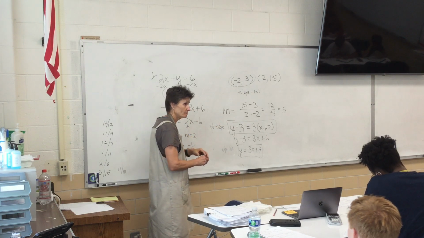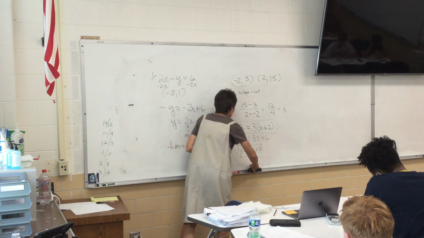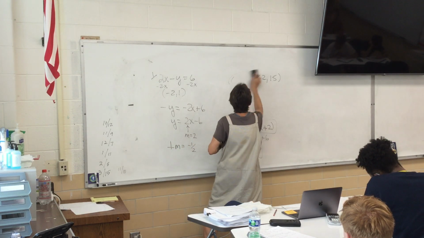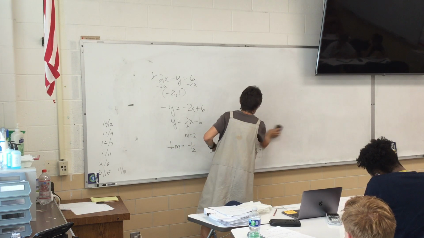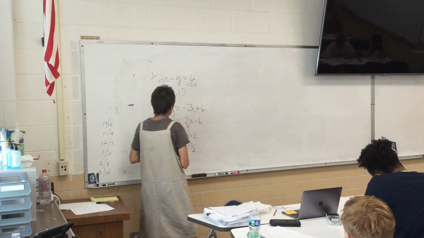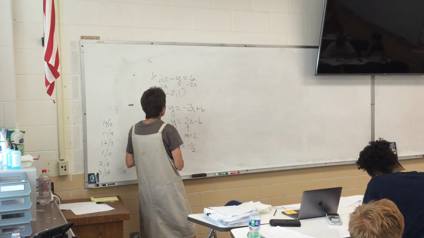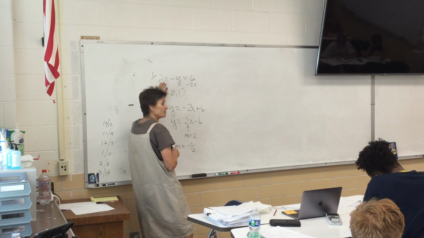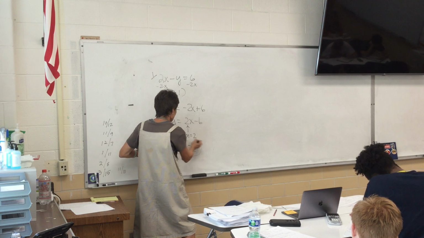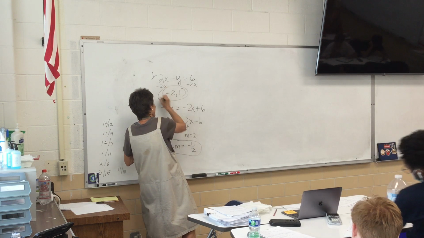Would you be able to do negative y first by dividing by negative 1 to both of them before you subtract the 2x over? Yeah, you can divide first if you want.